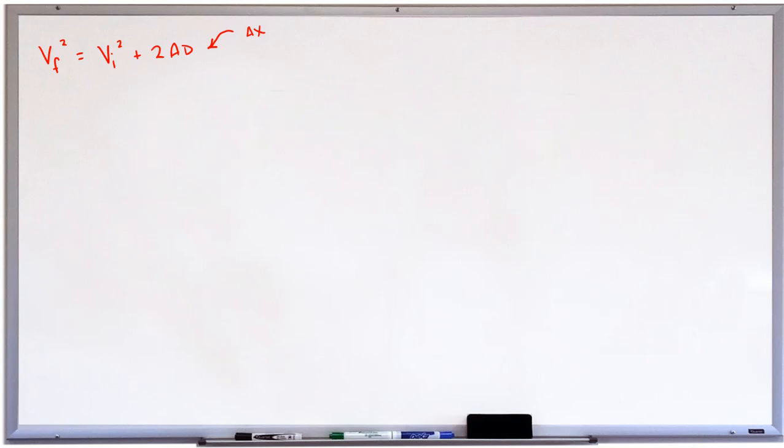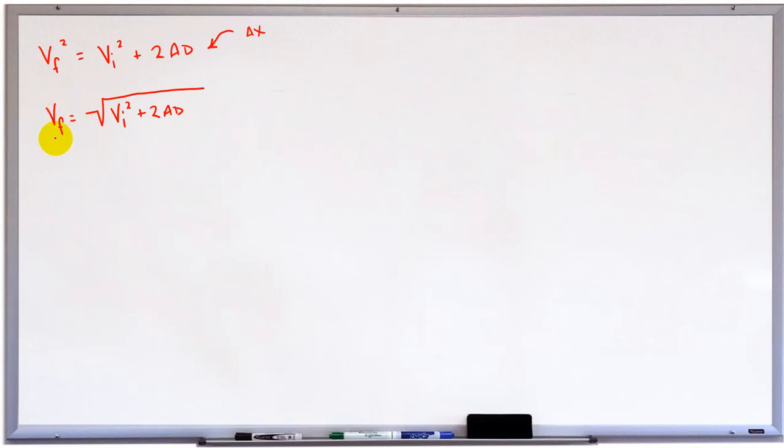So if I want to put this in the same usable form of the velocity formula that we're used to dealing with, first, I'm just going to say that velocity final is equal to the square root of velocity initial squared plus 2 times a times d.